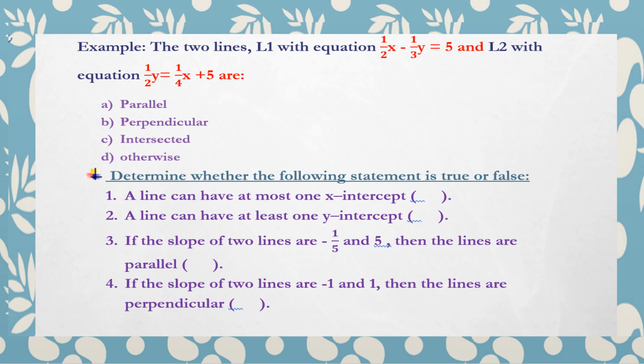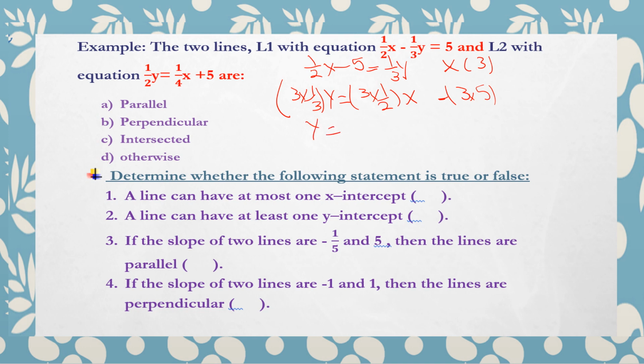First we have to rearrange the equation of the first line, so half x minus 5 equals 1 over 3 y, and by multiplying both sides by 3, in order to get rid of this fraction, we get 3 times half x minus 3 times 5, so y equals 3 over 2 x minus 15.